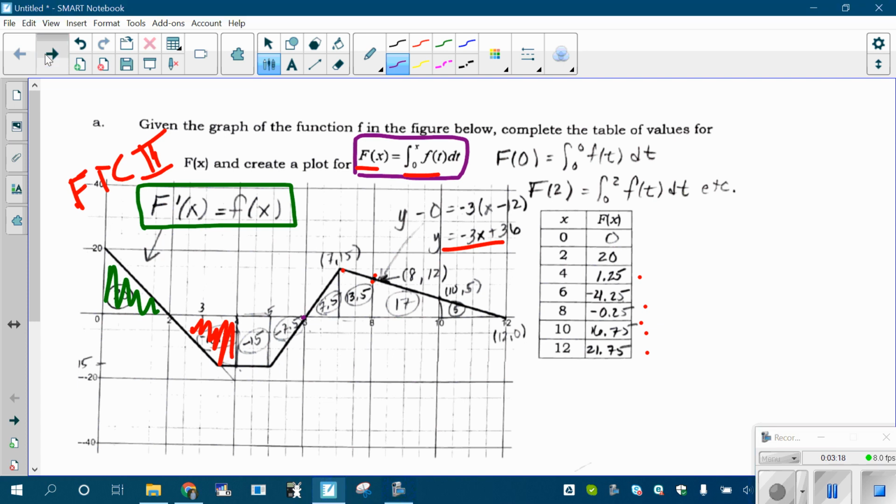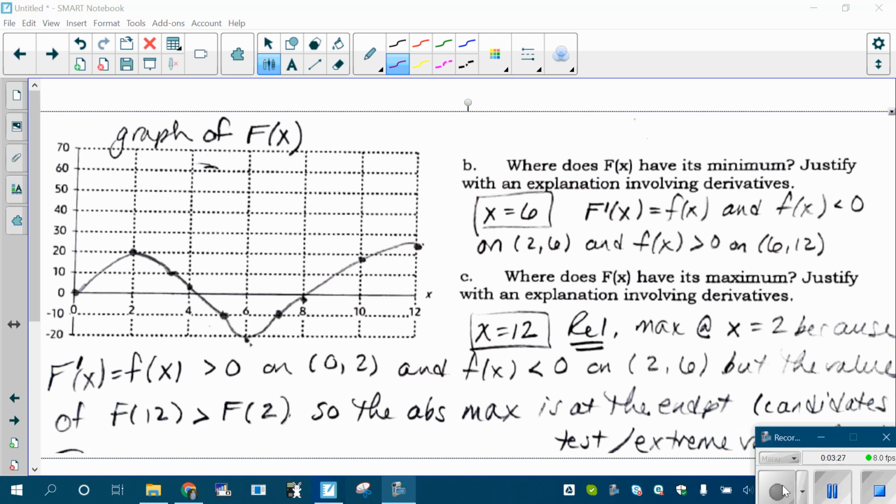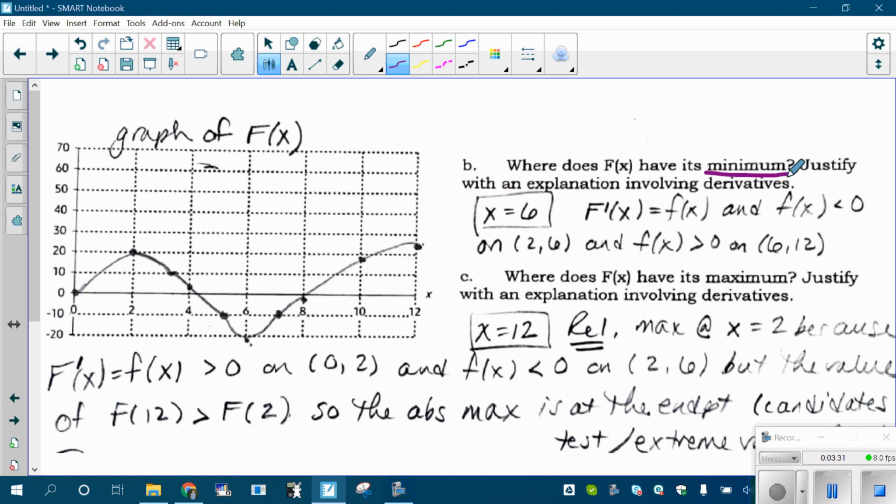Actually, I take that back. It'd be nice because it's asking you for a minimum, it means the absolute minimum. It'd be nice to also compare big F of 6 to big F of the endpoints of the interval.